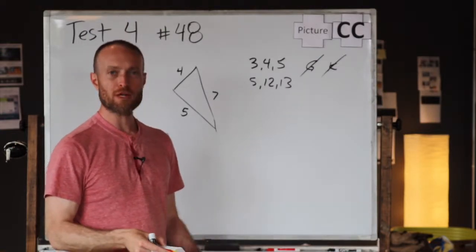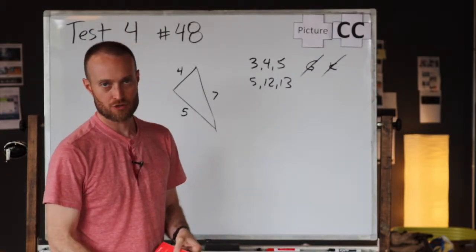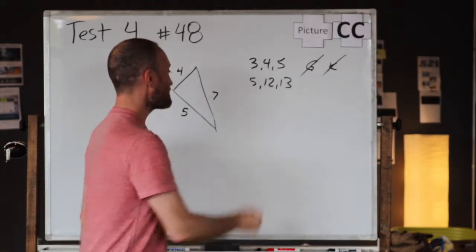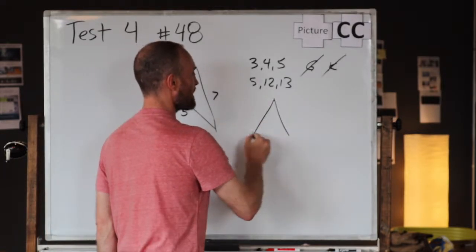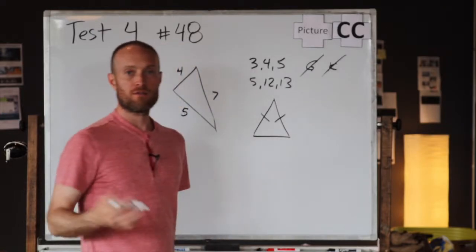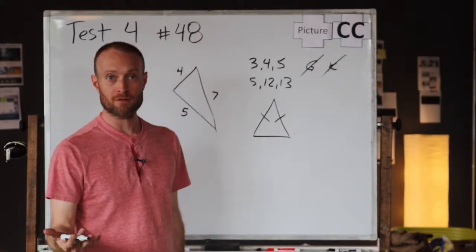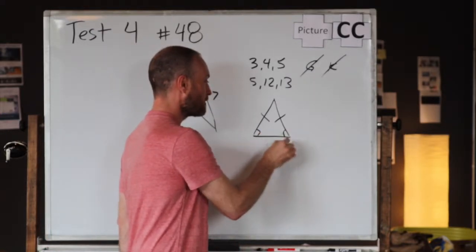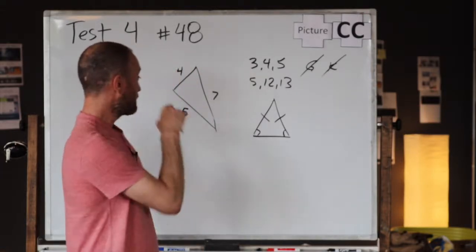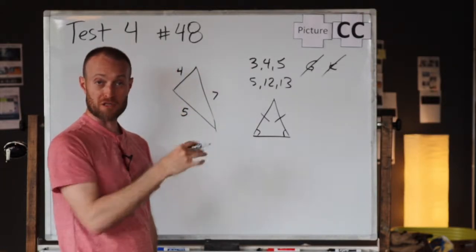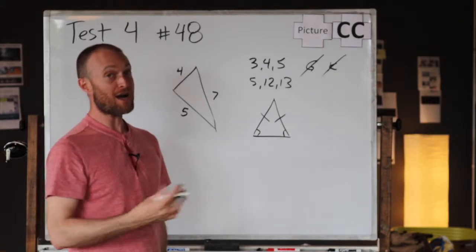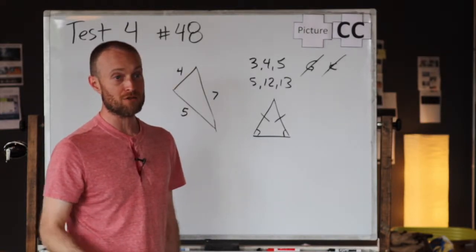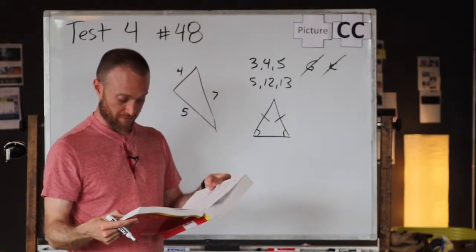J is interesting. What do we know about isosceles triangles? Isosceles triangles have 2 sides that are the same length, congruent. They also have 2 angles that are congruent. This triangle, according to the measures they gave us, does not have 2 side lengths that are the same measure. So guess what other option we can take off?